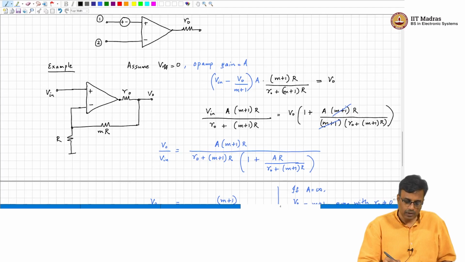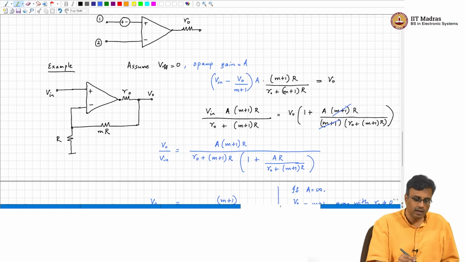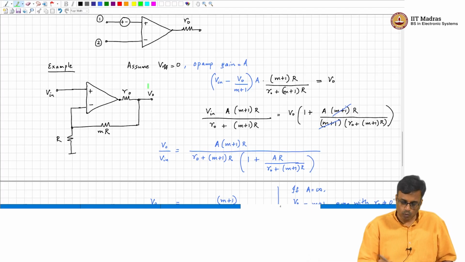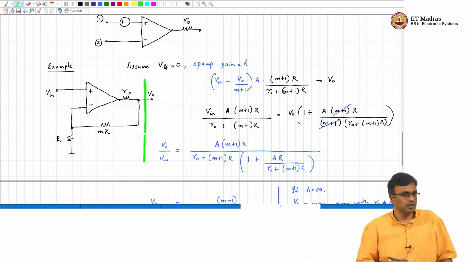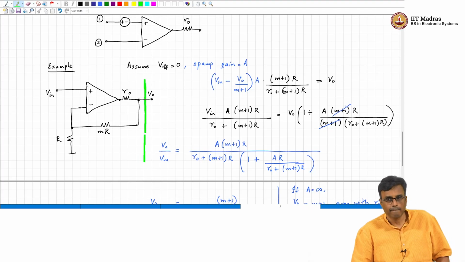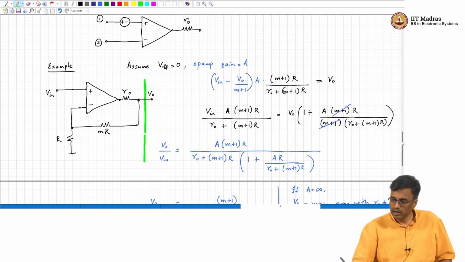As far as this circuit is concerned, the Thevenin voltage is what we have just found out. That's the open circuit voltage. Now, we need to find the output resistance. What do we need to do? Yeah, we need to find the Thevenin resistance.